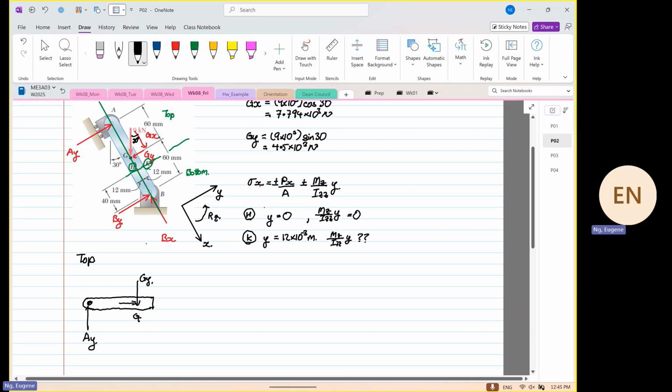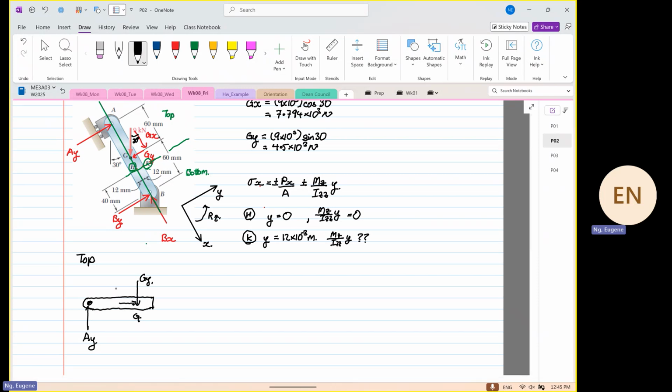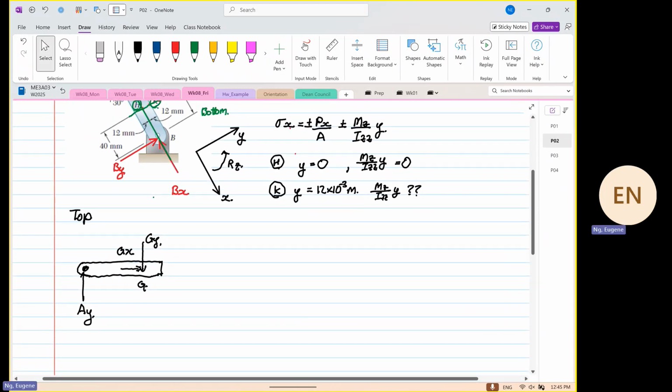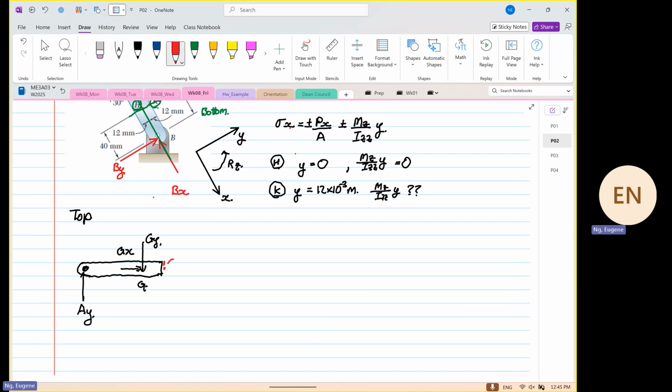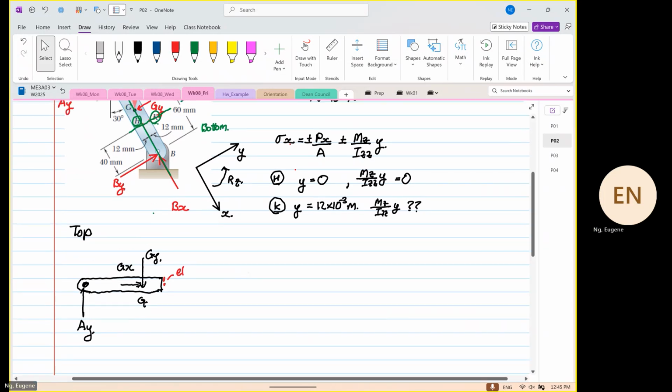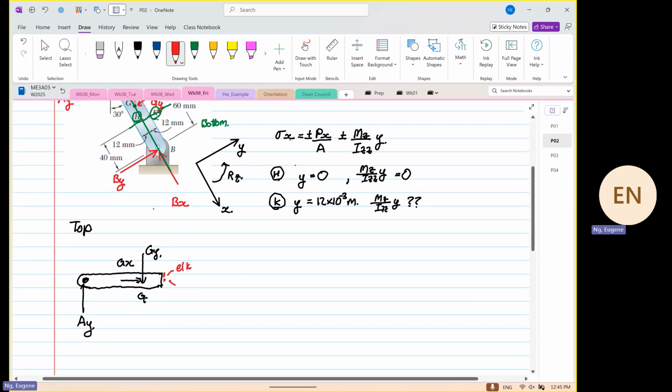We have a load coming here, and this is our GX. Now we know over here are our elements. This is our element K, and this is our element H.